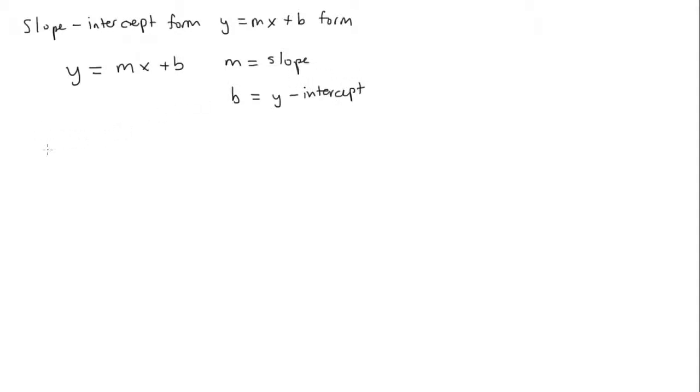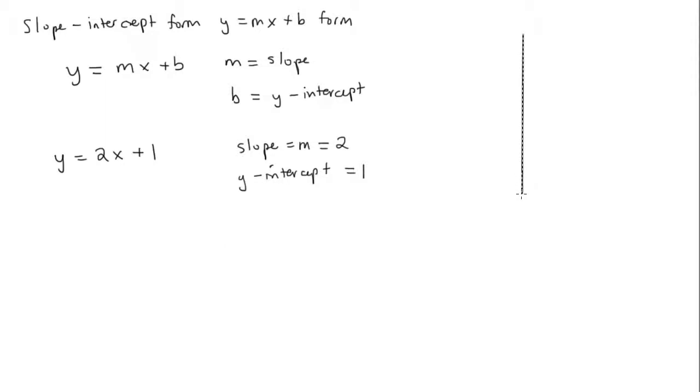For example, if we had the line y equals 2x plus 1, then the slope in this case is 2, the coefficient of the x, and the y-intercept is 1.